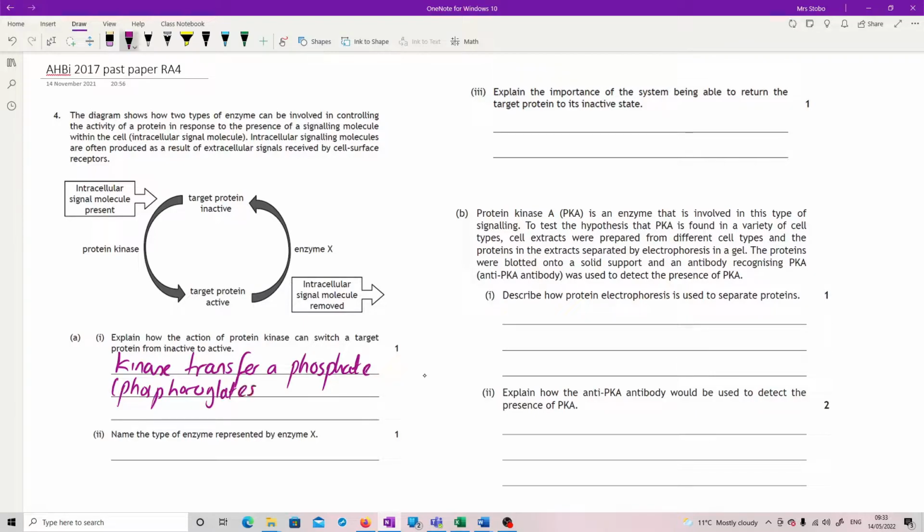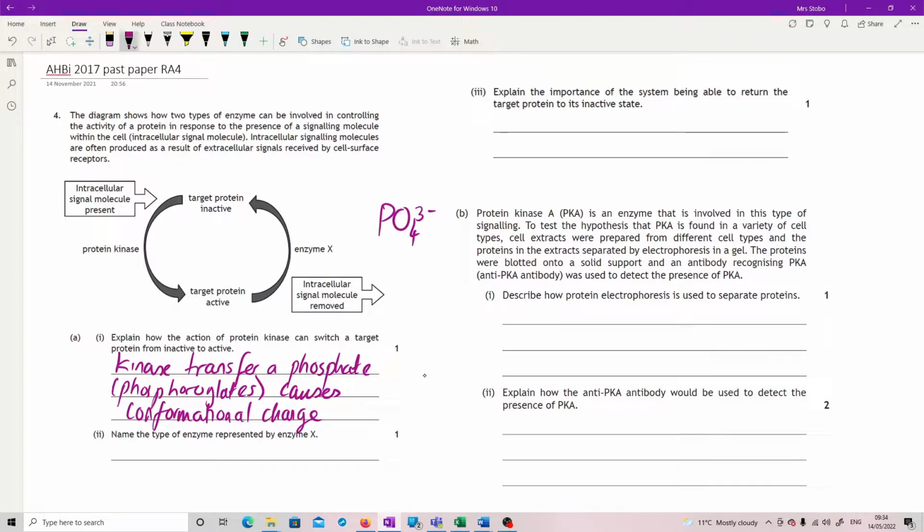What you should always be aware of is that this packs a real big punch in terms of what it does to a molecule, and the big one that you want to use is that it causes conformational change. Okay, and you need both of that. So you need to say that you've got your change, and then you've got to say it's because of the phosphate that's causing that change.